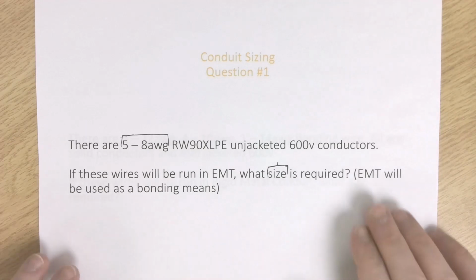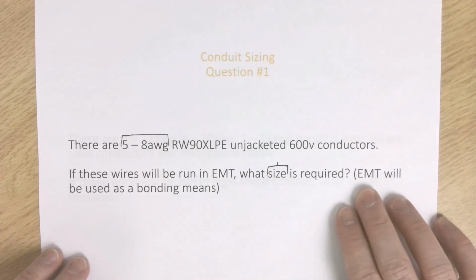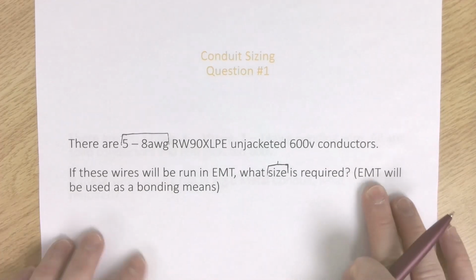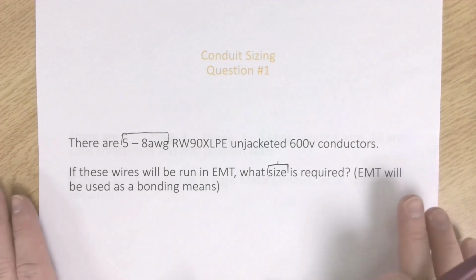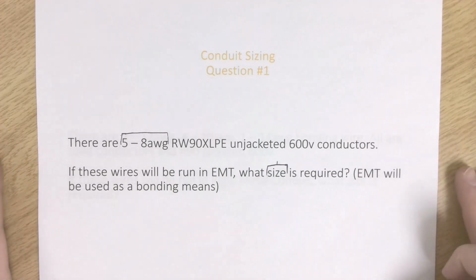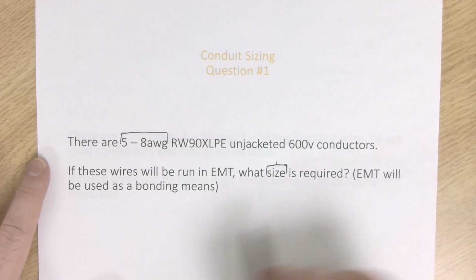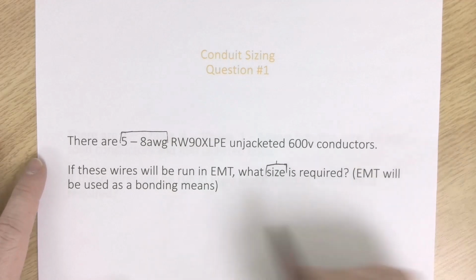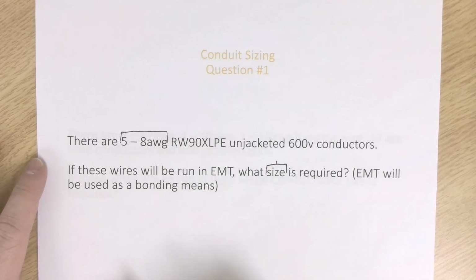And junction boxes that have EMT run between them, metal junction boxes, that is, if the EMT is installed correctly, that EMT may count as a bonding means, so we don't have to pull in an extra wire. Now, I don't know that because I don't have all the parameters, but the question told me it is used as a bonding means. Okay, perfect. So I don't have to add a bonding wire.